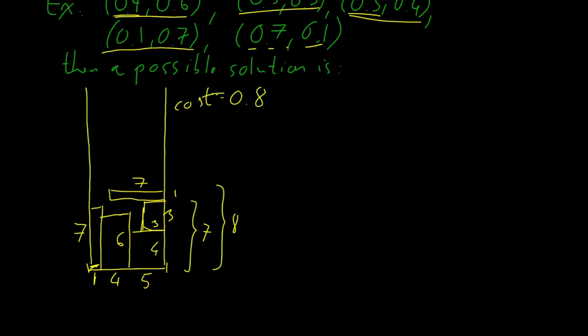Remember, I didn't write out the 0.0 stuff, and of course you won't have to if you happen to have an exercise somewhere in the near future about this problem. So that's one possible solution, and actually this is optimal.